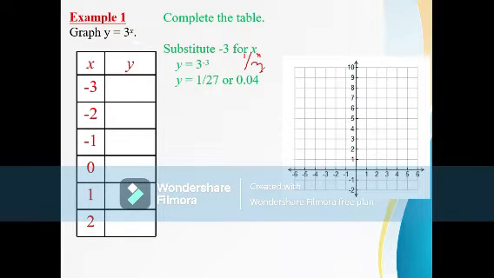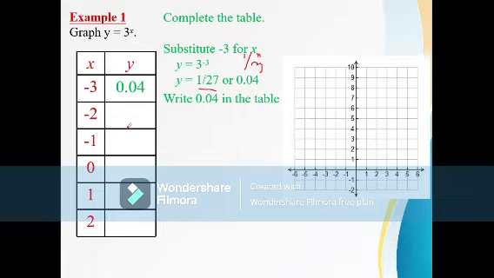And 1 over 3 cubed is equivalent to 1 over 27. And 1 divided by 27 is 0.04, or 4 hundredths. Okay, just limit your decimal point here to the hundredths place. So we have now the answer. We have to write 0.04 in the table.